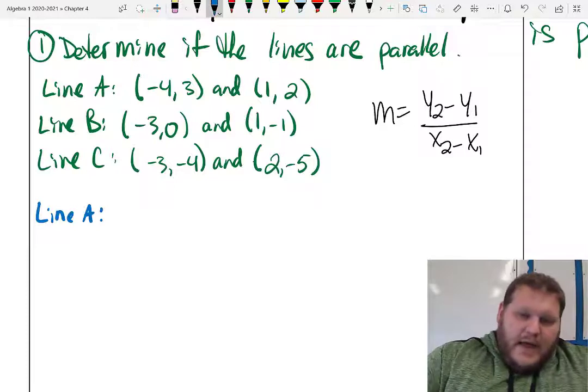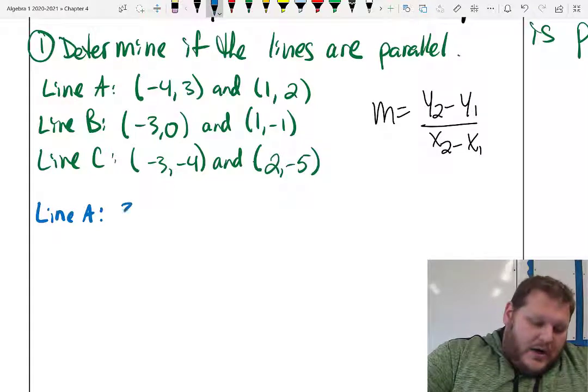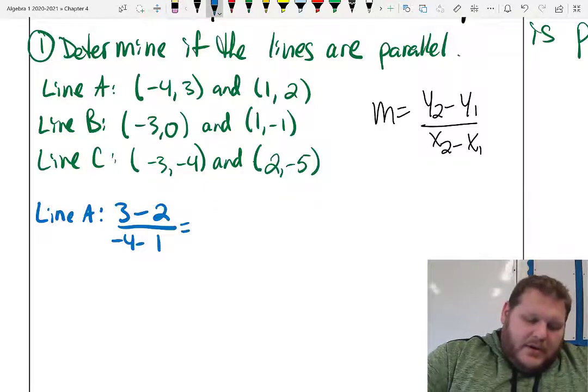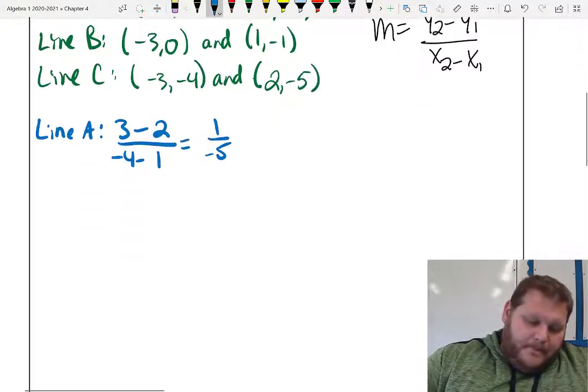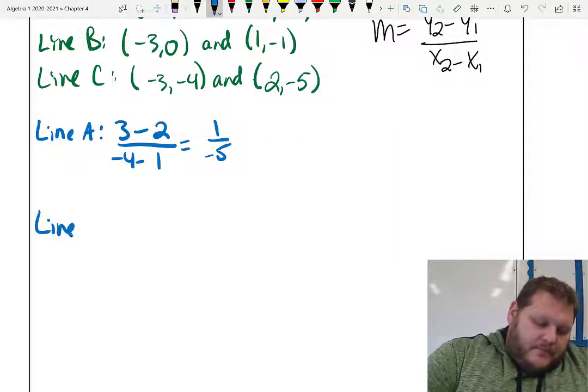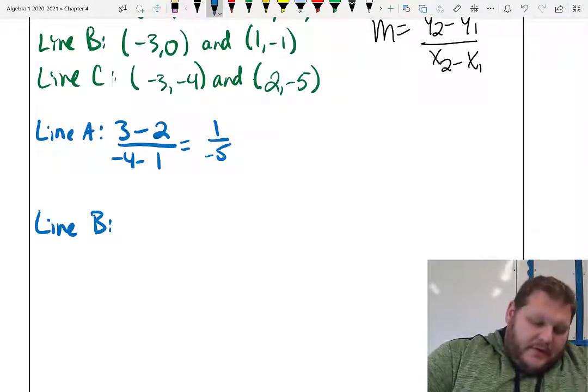So for line A, y value minus y value up top, x value minus x value in the bottom. 3 minus 2 is a positive 1, negative 4 minus 1 is a negative 5, so negative 1/5 is the slope for line A. For line B, we have y minus y up top over x minus x in the bottom.